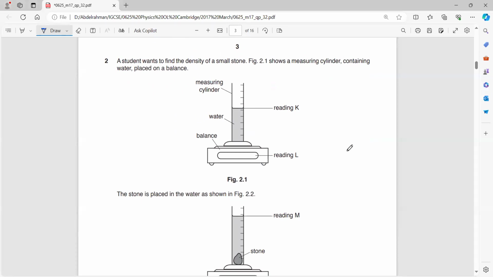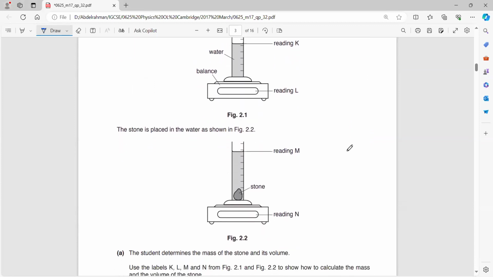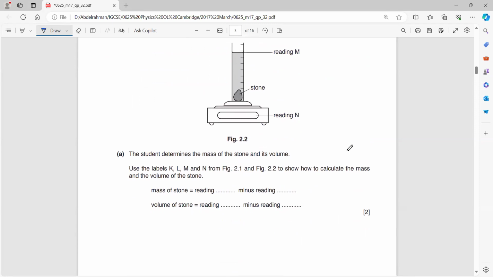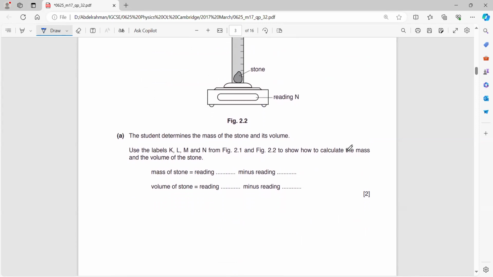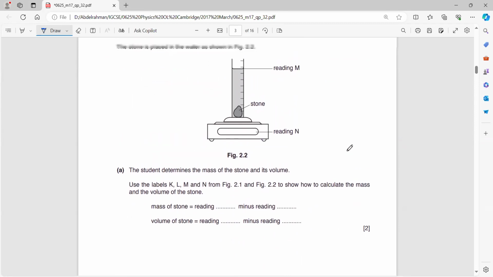I have reading K and reading L on a measuring cylinder, and reading L is for the balance. Then I have reading M and reading N. Use the labels K, L, and M to find the mass and the volume. How can I find the mass of the stone? It's very simple.